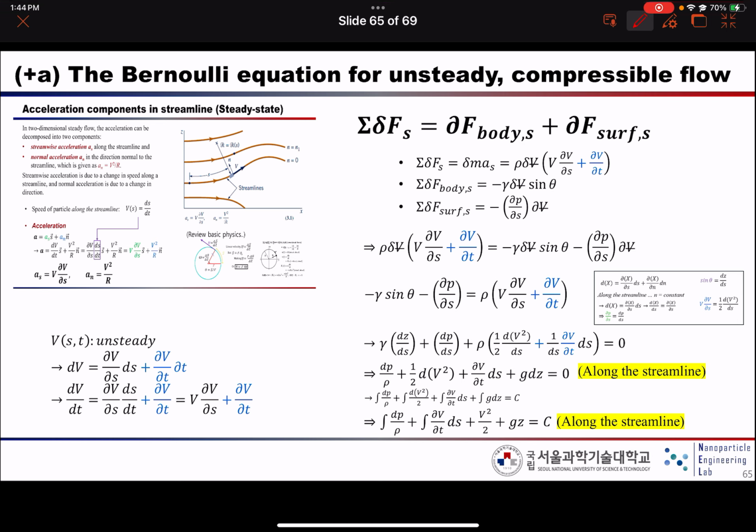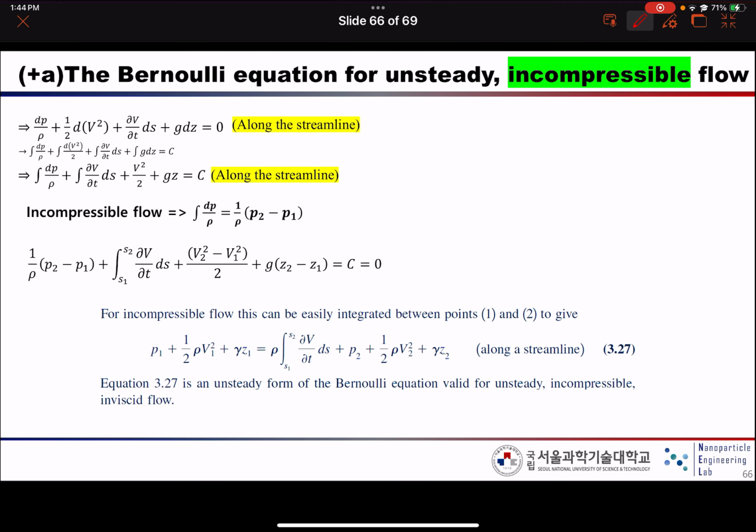And okay, the Bernoulli equation for unsteady compressible flow, the result looks like this. We already discussed this in the previous lecture, right? And for unsteady and incompressible flow, you can use this equation. Okay, so again, this is just the extra item.